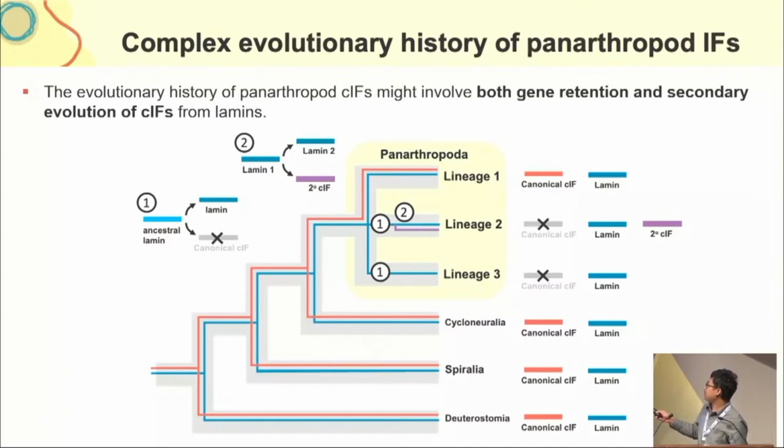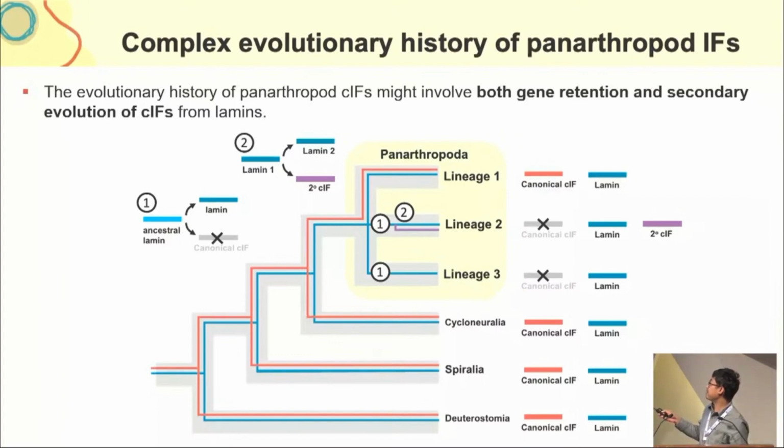In pan-arthropod, however, we know that the canonical cIF seems to have been lost for some unknown reason. But unlike most previous suggestions, our result points out that this loss of the canonical cIF might not have just happened once, but seems to occur multiple times in many different lineages.